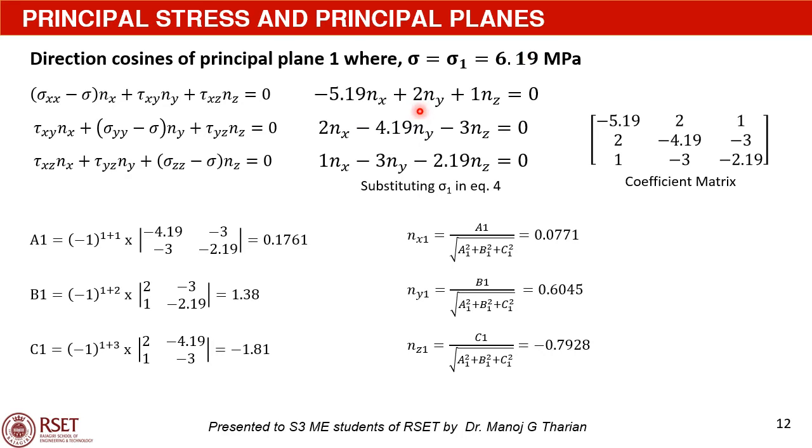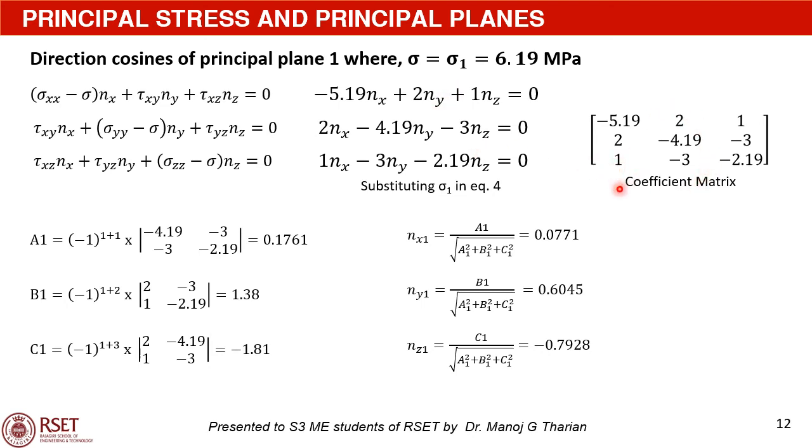This 2 represents tau xy, 1 is tau xz, -3 is tau yz. Thus, we obtain the set of these three equations. Now, we can write the coefficient matrix for this set of three simultaneous linear equations as shown here.